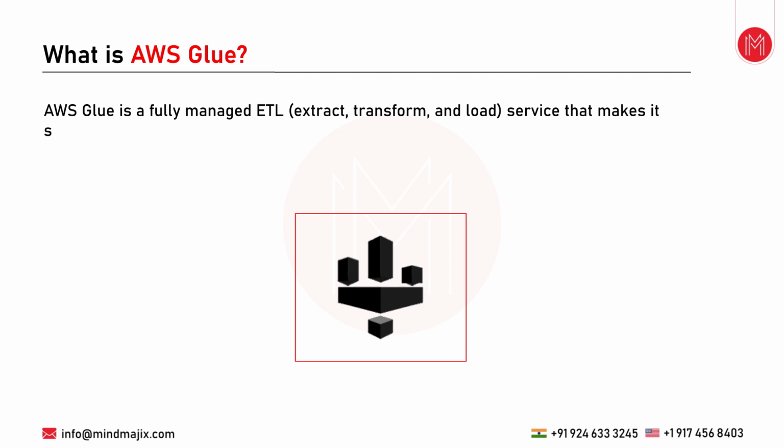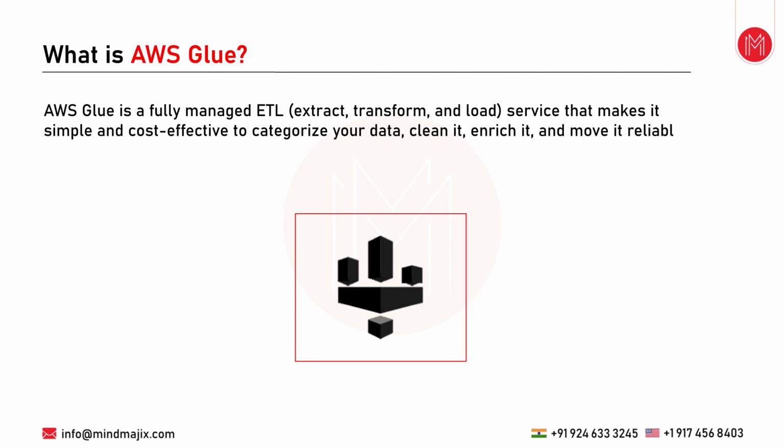ETL, as I told you, is extract, transform, and loading of data. And AWS Glue makes it very simple and cost effective to categorize your data, clean the data, enrich the data, and move it reliably between various data stores. So this was a quick definition of AWS Glue.